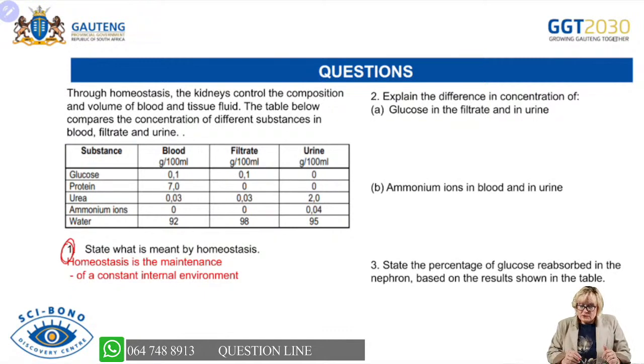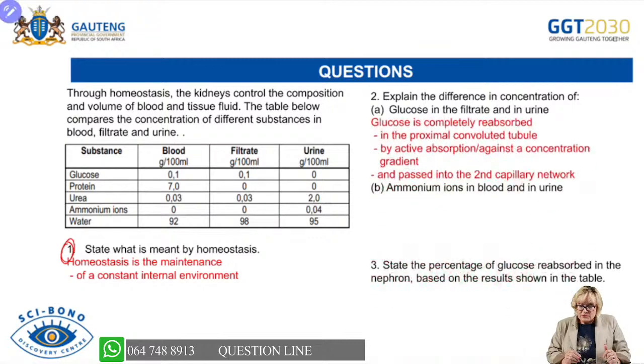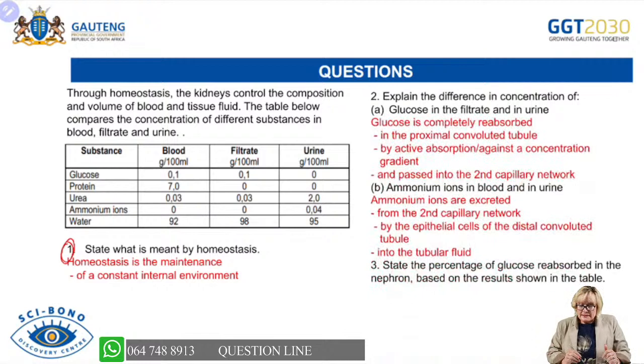Then let's just look at question 3. It says, state the percentage of glucose reabsorbed in the nephron based on the results shown in the table. So we must look at glucose, it's that one.